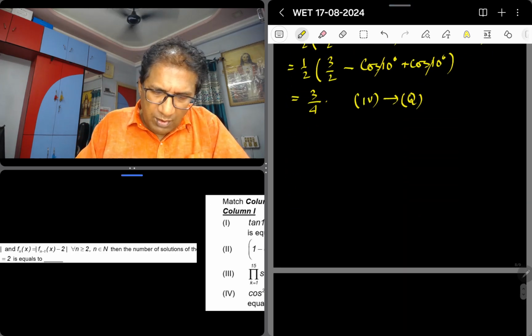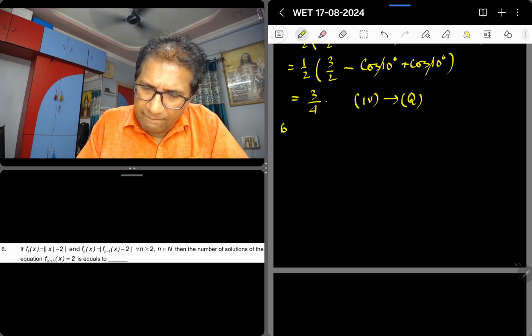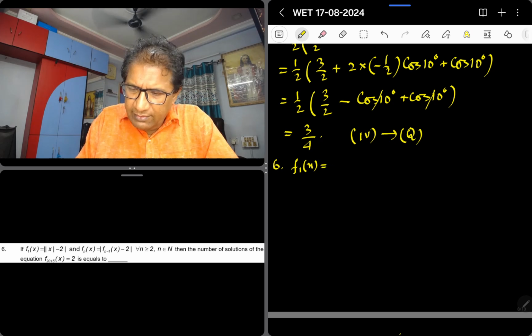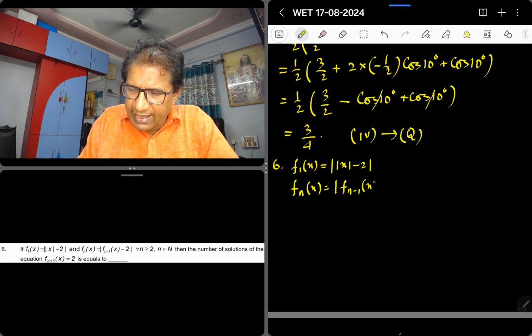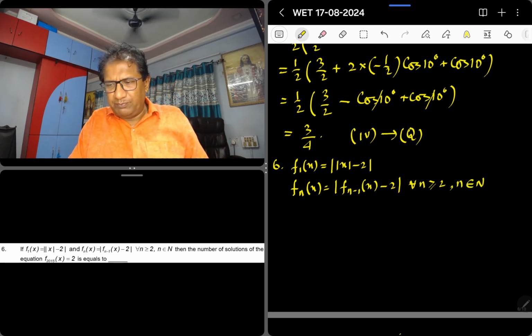Now let us move to the next problem. This is our integer type problem. In this question, f1 of x is given as mod of mod x minus 2, and the relation which is given is fn of x is modulus of fn minus 1 of x minus 2 for all n greater than or equal to 2, n belongs to the natural numbers.